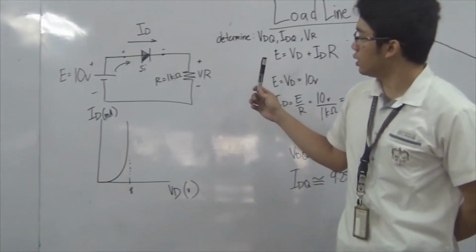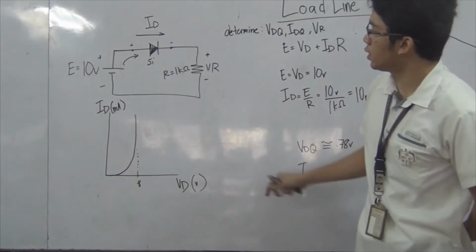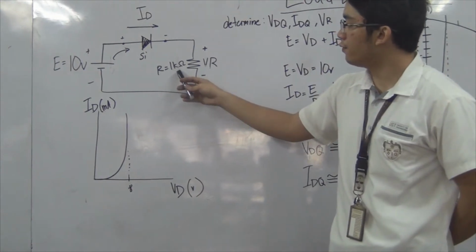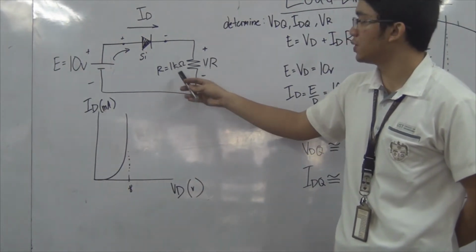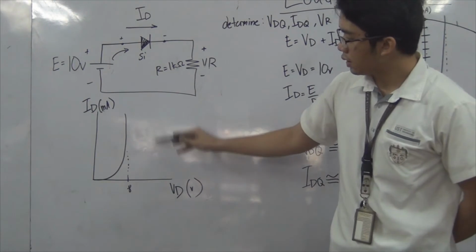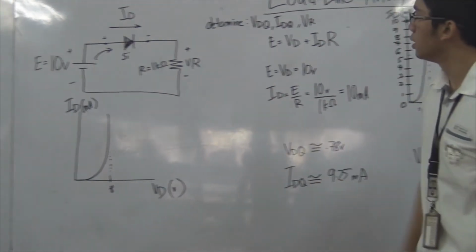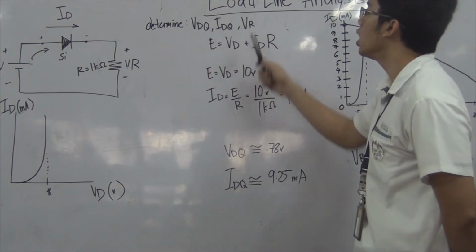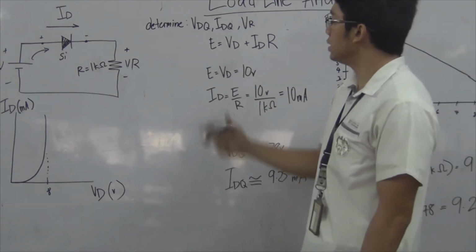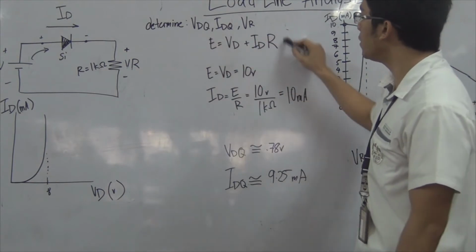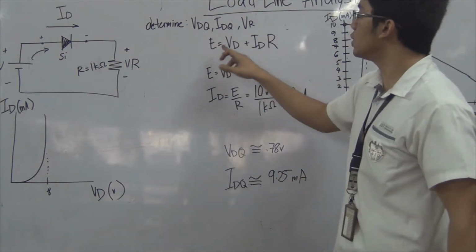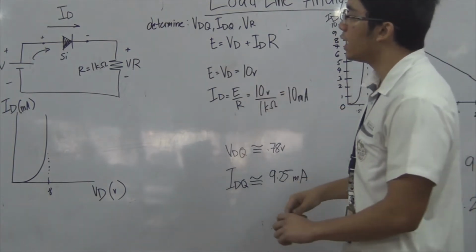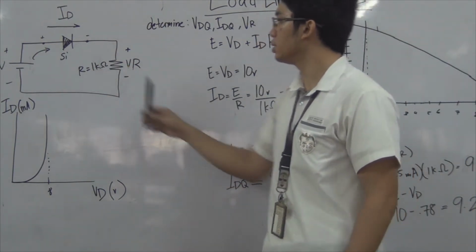We will use the previous circuit, but now E equals 10 volts and R equals 1 kilo ohm. This is its characteristic curve. First, we will determine VDQ, IDQ, and VR. We will use our previous equation, E equals VD plus ID R, which was derived by using KVL in this circuit.